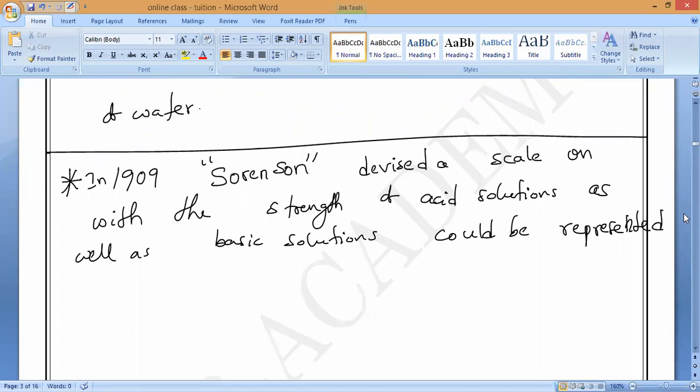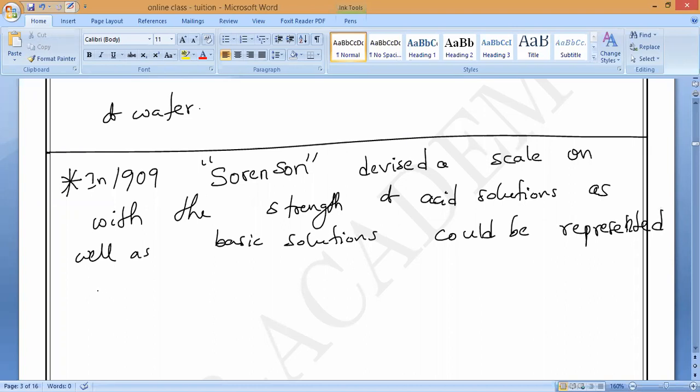So if H plus ions are decreasing, who is increasing? OH minus ions. That is what you have to remember. So Sorensen devised a scale on which the strength of acid solutions as well as basic solutions could be represented by making use of hydrogen ion concentration.